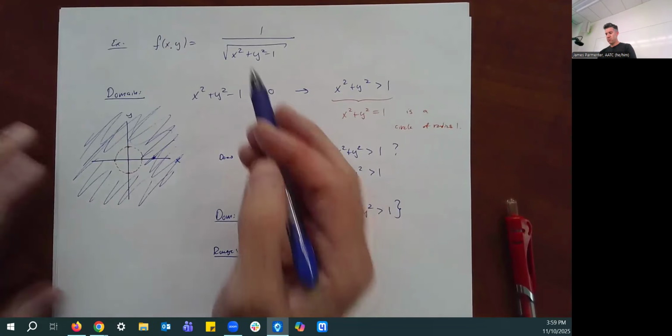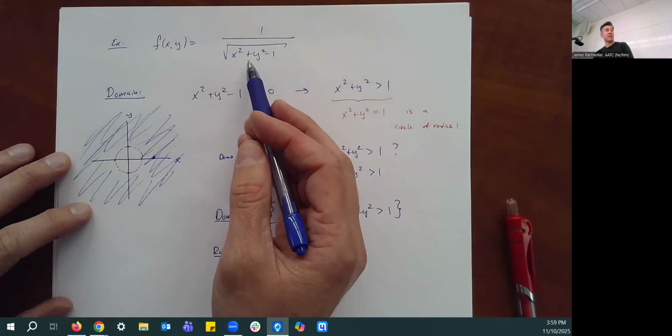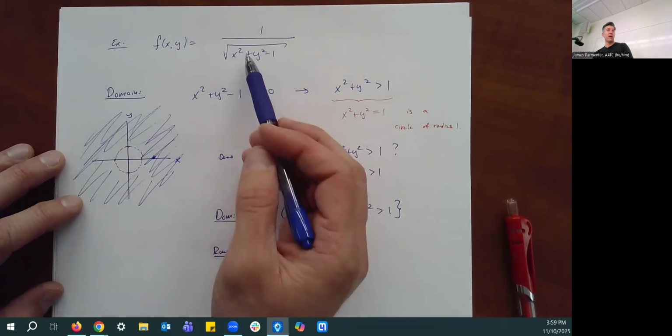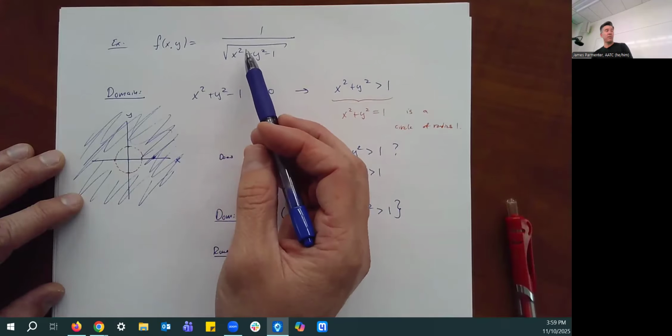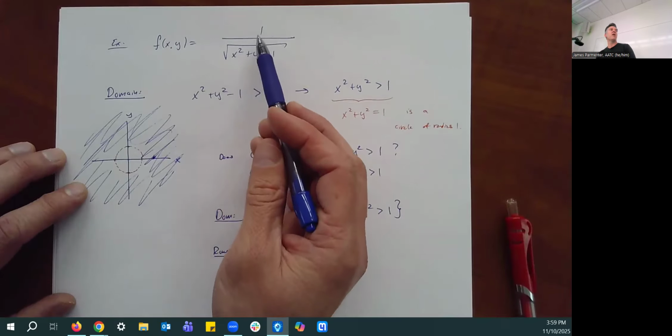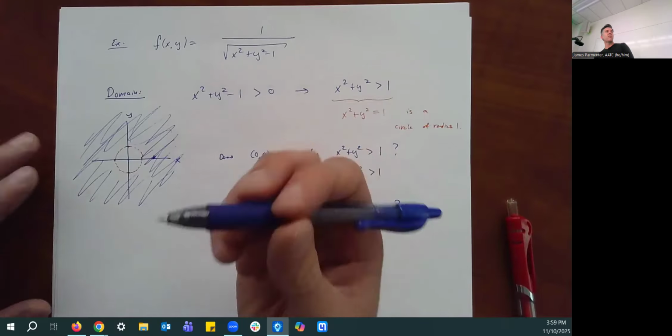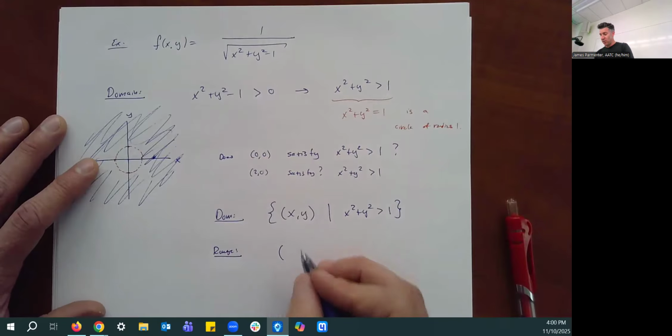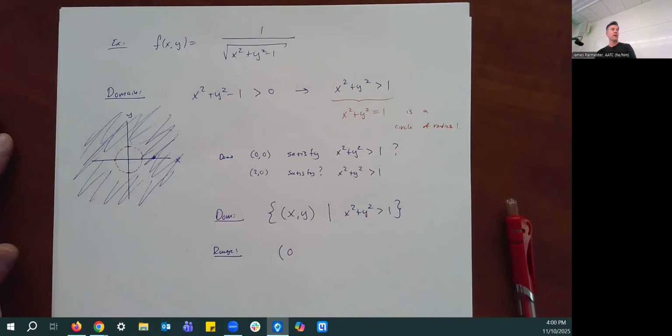Well, since we're almost out of time, I'm just going to answer the question here. So this function, the denominator can get really, really big, right? So you can make the denominator really big, which makes the fraction really, really small, but not quite 0. So your range goes as low as almost 0.